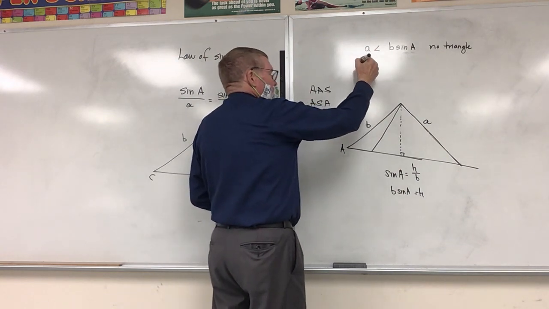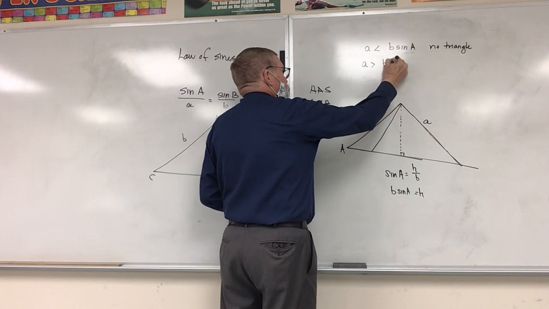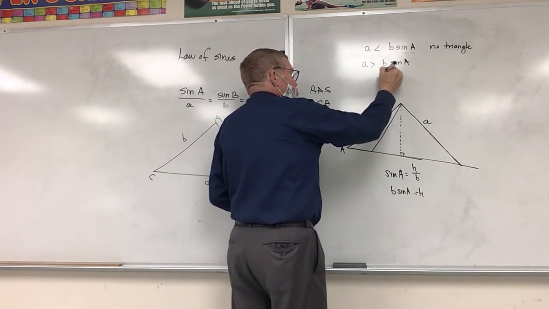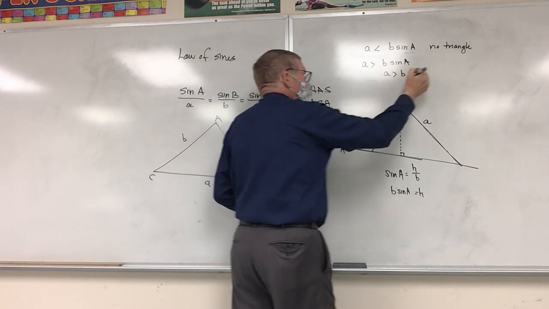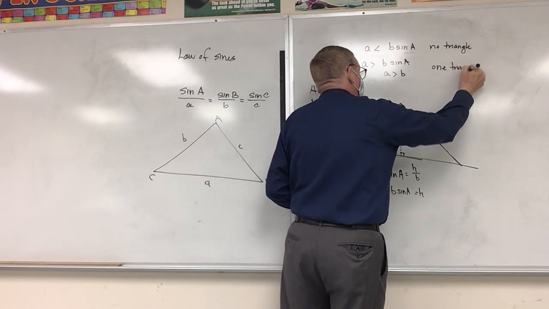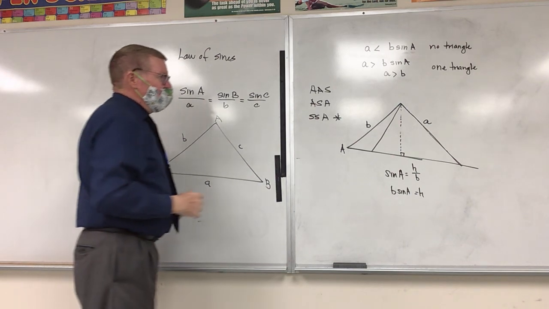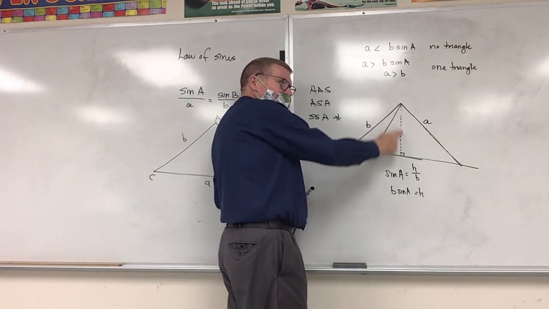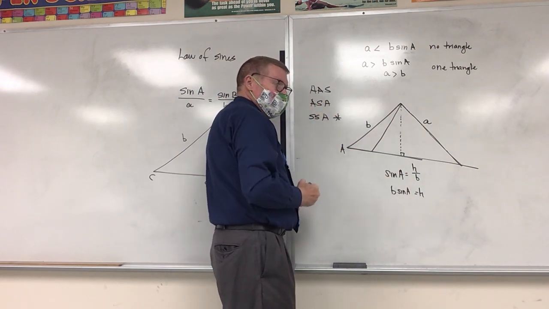Well, if A is greater than B sine A, and A is greater than B, I have one triangle. So if this side here is bigger than this dotted line, that means I could have 1 or 2 triangles.